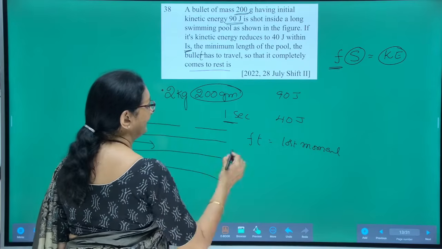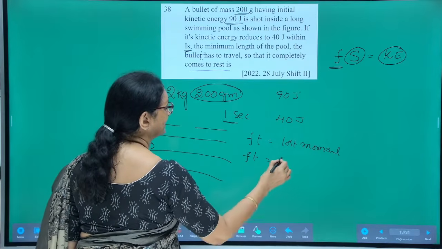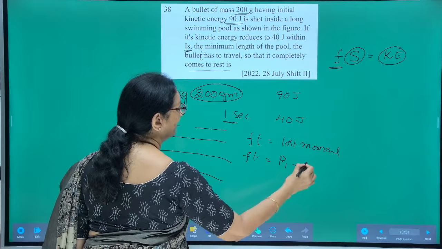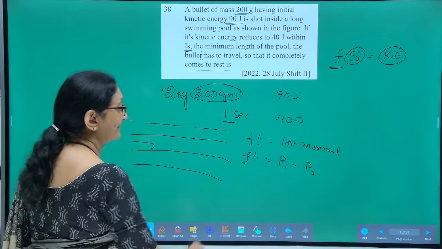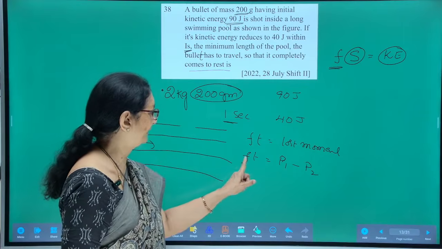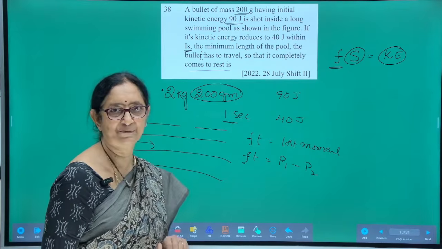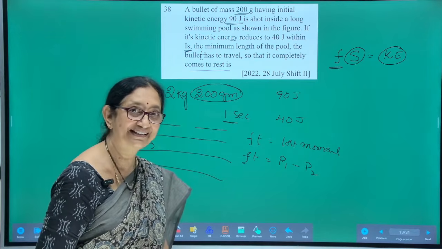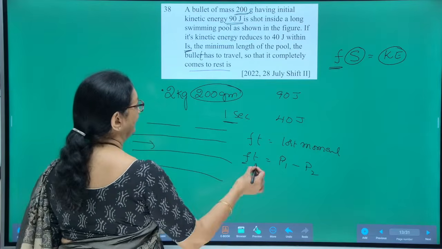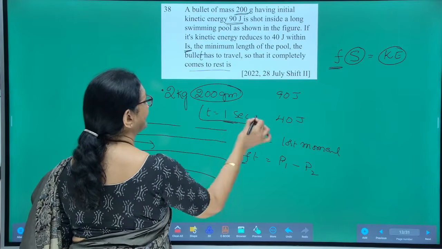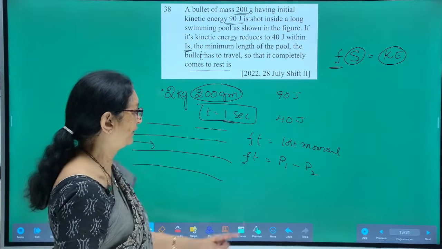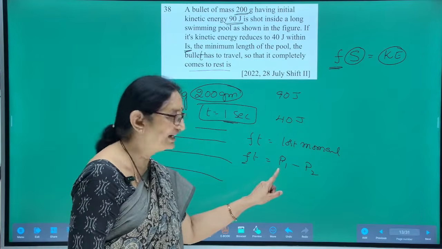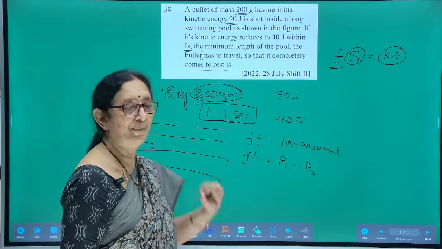So, F into t is initial momentum minus final momentum. So, we try to find out the retarding force, or force of resistance, from this expression. Here t is given as 1 second, but its energy is reduced from 90 to 40. So, you have to find out the corresponding momentum.